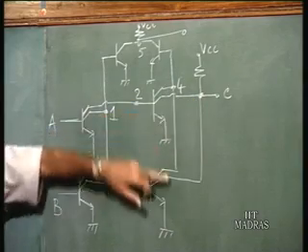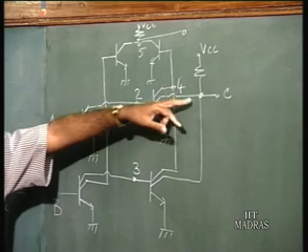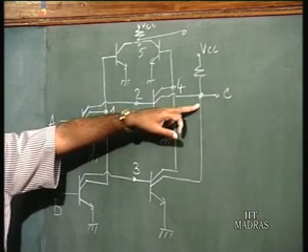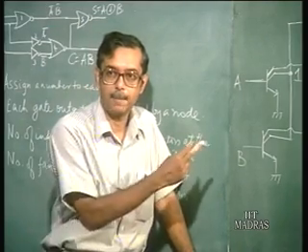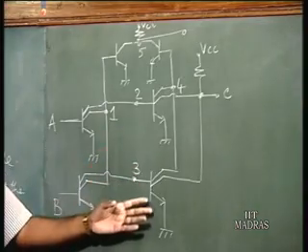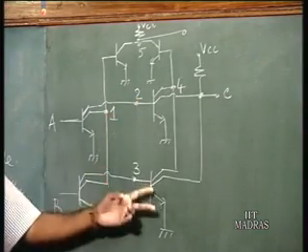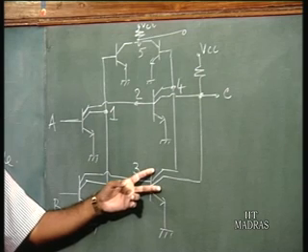If any of these transistors goes to saturation, this voltage is going to go low, and only if both of them are cut off is this output going to be high. So, if you want to take an external connection, you have to do it this way. It is very simple. You do not require any additional transistors as such. You just require additional collectors for this.